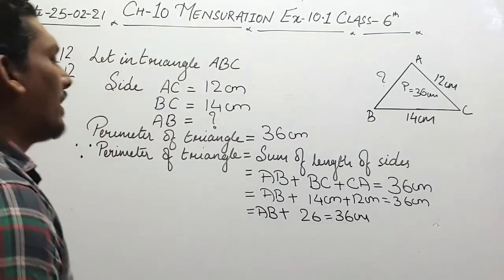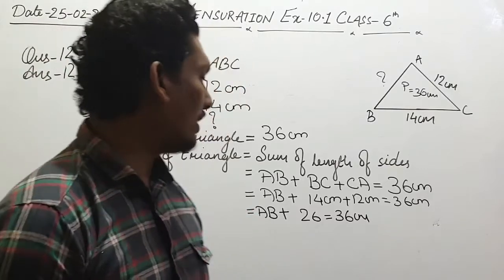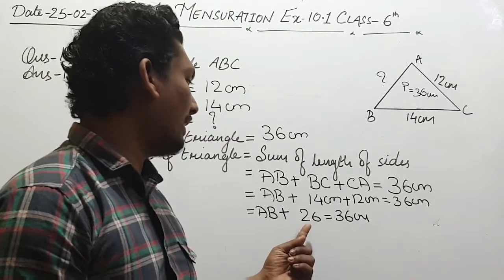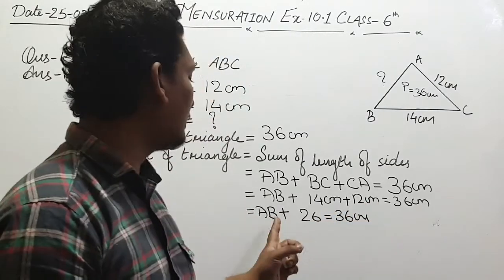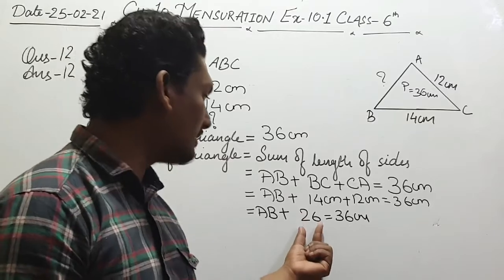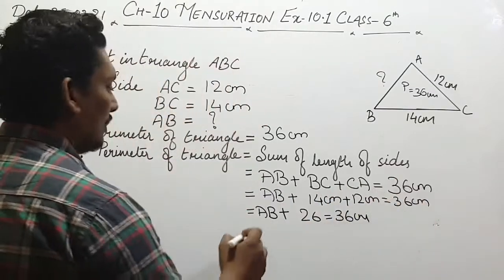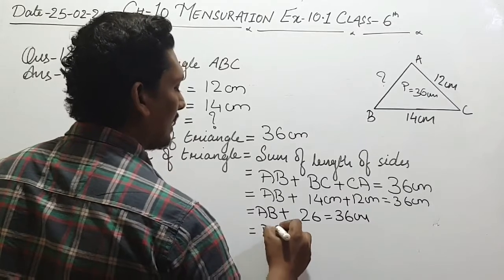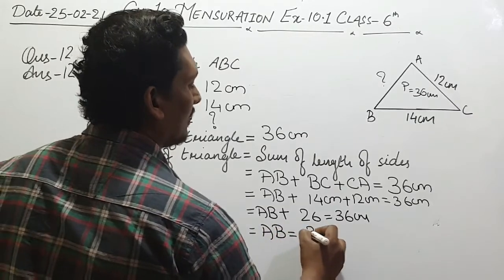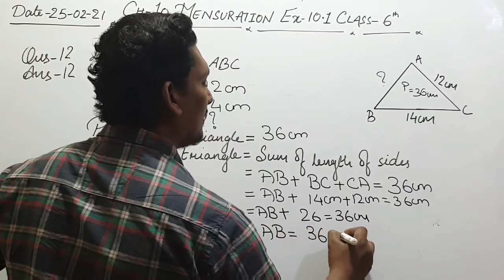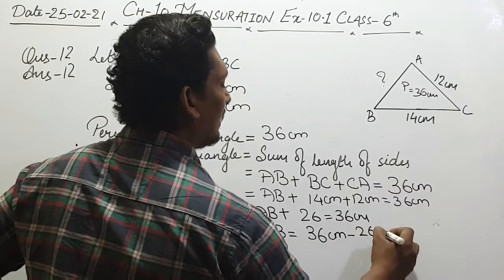So we have to find the third side. What do we have to do? We shift this 26 to the RHS. When we shift this 26 to this side, it becomes minus. So AB is equal to 36 centimeter minus 26 centimeter.